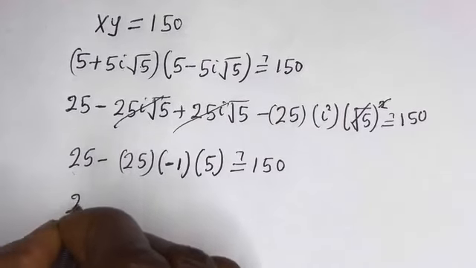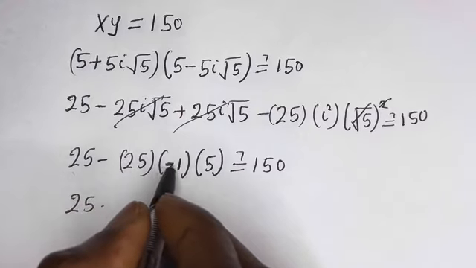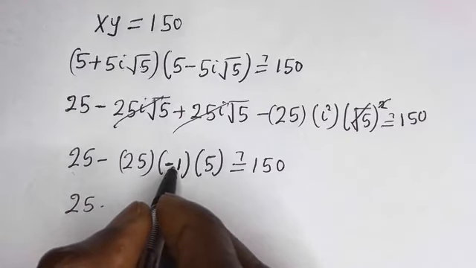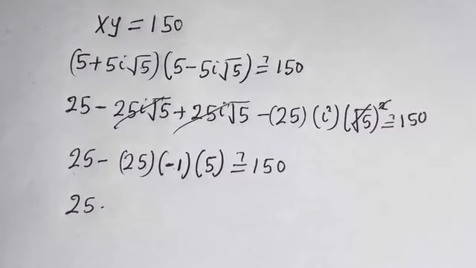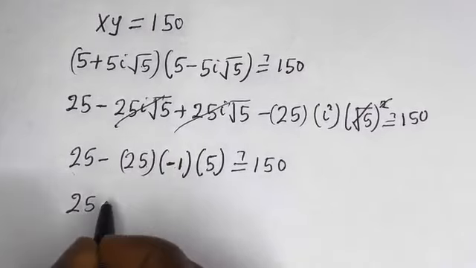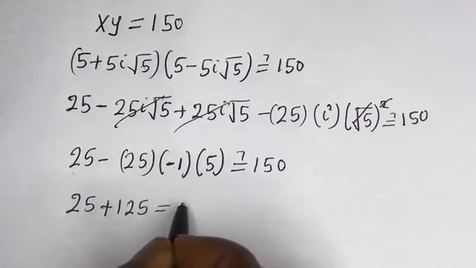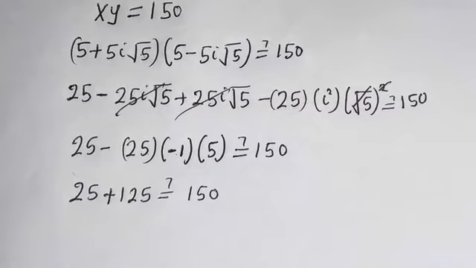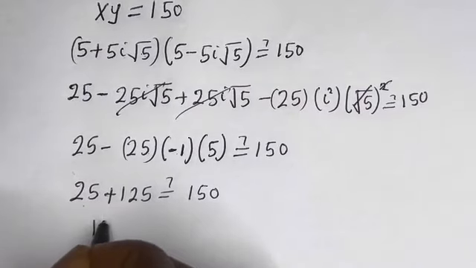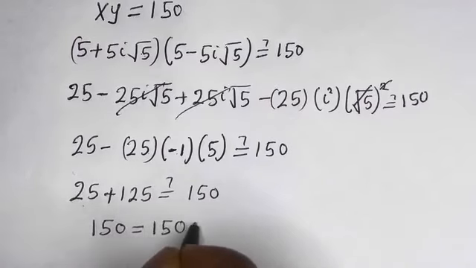Then here is 25 minus 25 times 1 times minus 1, that is 25. Then times 5, that is plus 125, must be equal to 150. Now here, 25 plus 125, this is 150, is equal to 150, which is true.